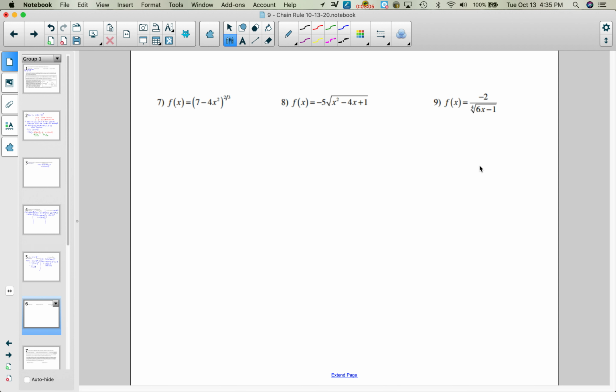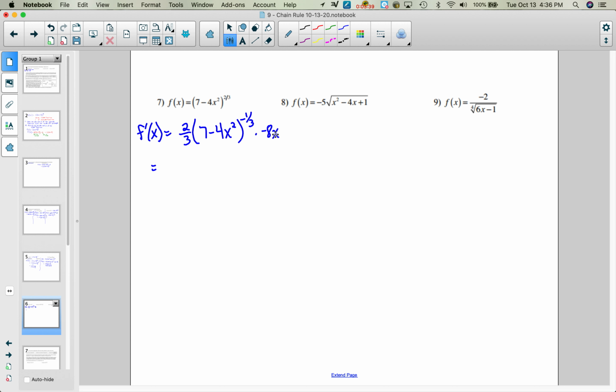So here's the new stuff. Keeping on with that, notice the inside function is 7 minus 4x squared. The outside function is that something to the 2/3 power. So when we get f prime of x, we're going to have 2/3 times 7 minus 4x squared to the negative 1/3 times the derivative of the inside function, which of course this part's 0, so we get negative 8x.